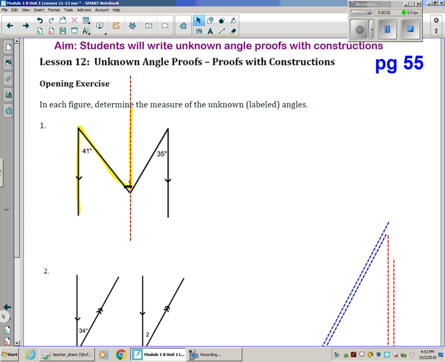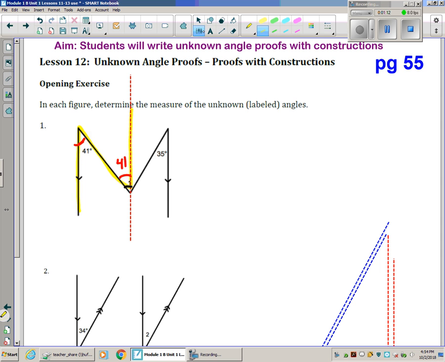So if we are able to find the Z, or an inverted version of a Z, we should be able to find alternate interior angles. So let's see. We can see the 41. It's actually, in fact, somewhere over here. So 41 should be there.